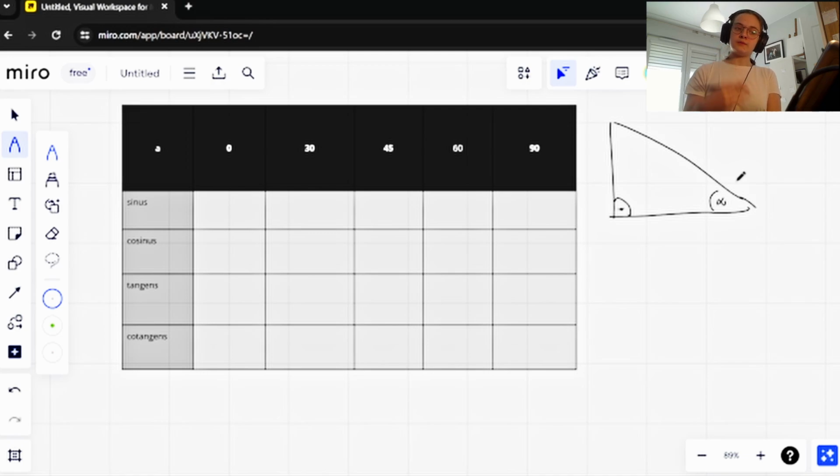From alpha, the opposite side is the A side. The side which is opposite the right angle is always C, always. And the last is B.